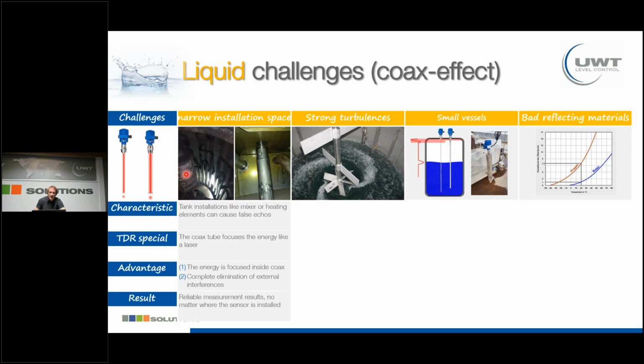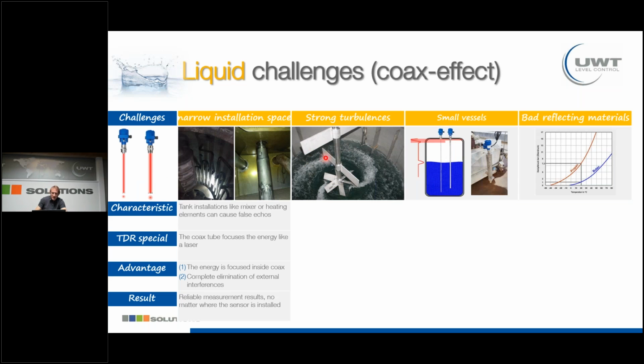Here all the energy is focused inside this tube, so we can ignore any installations and get the best measurement results with this coaxial tube. So you do not have to worry about any installations inside the tank.